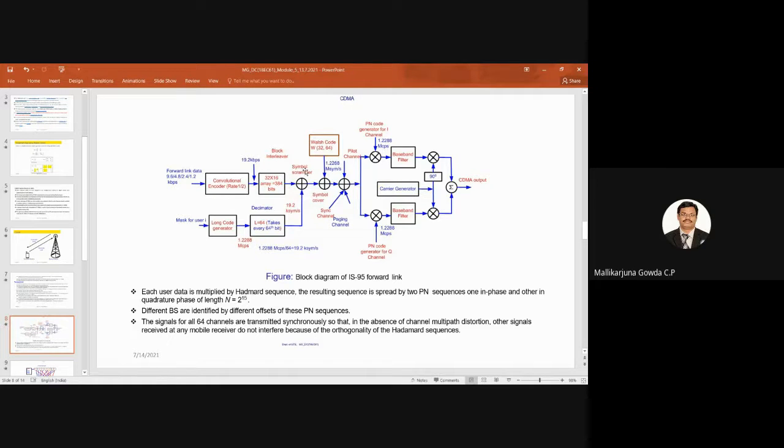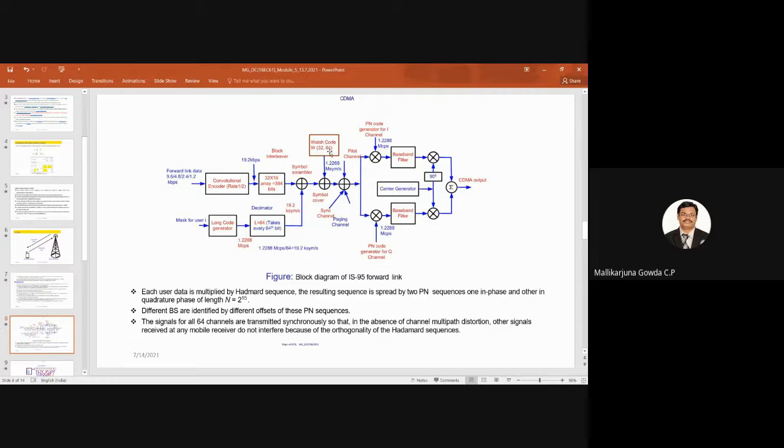Then it will be multiplied with the Walsh code. Here the Walsh code has a length of 64, which means I will be able to have 64 different channels. The purpose of this Walsh code is to indicate the number of different channels in the CDMA system.